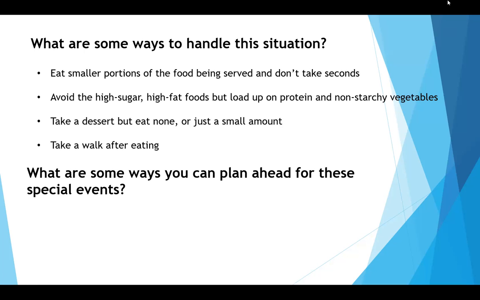She doesn't have to watch me eat it, or maybe I'll just sneak it back onto the tray or onto the table later on, or just have a small amount, a taste, just to give the perception, or just take a walk after eating. If you're going to be around family that's very pushy about certain types of foods and resisting can be futile, maybe getting out and taking a walk after eating so you're not really tempted or guilted, so to speak, to take some of those types of food choices.